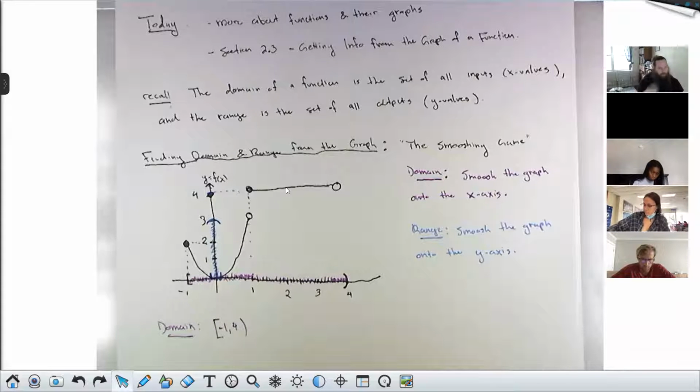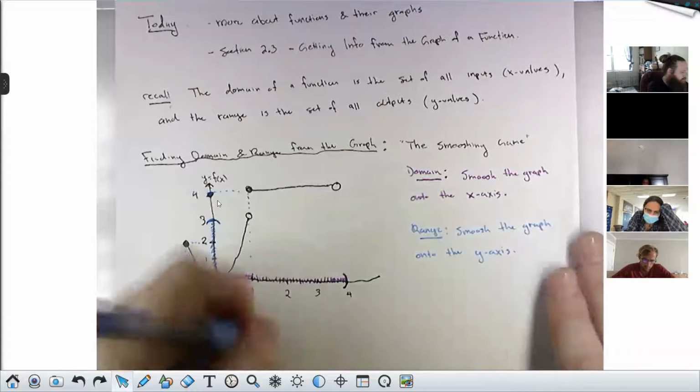So the vertically shaded blue interval there is the range. I shouldn't say interval, only part of it is an interval, right? This is an interval, the interval from 0 to 3, left closed, right open. But this is just a single number.